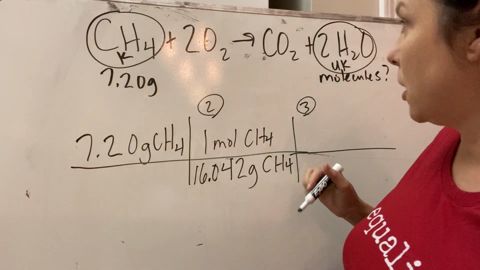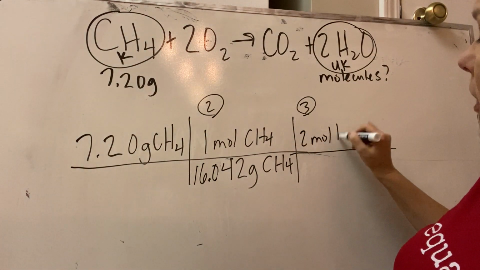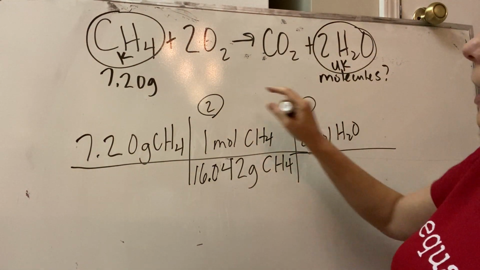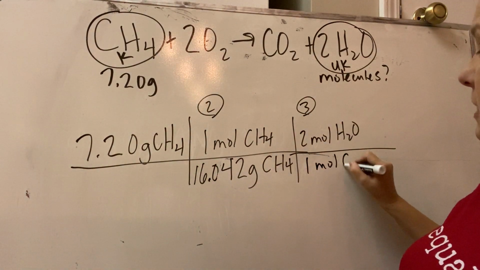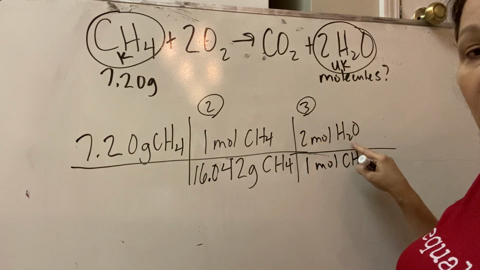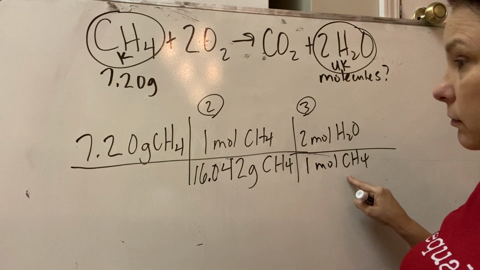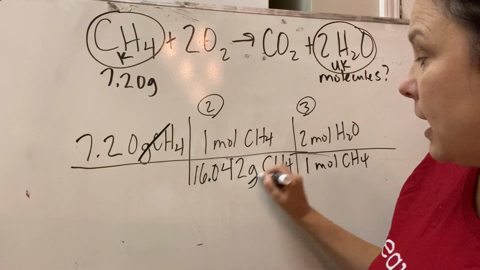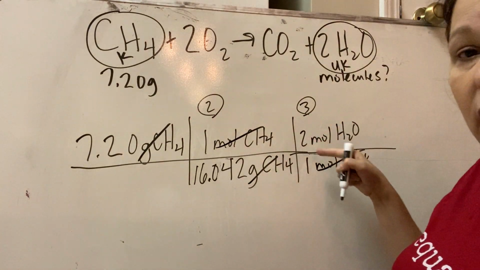So my unknown goes in the numerator, 2 moles of water, and my known, 1 mole of CH4. It says coefficient mole unknown, coefficient mole known.